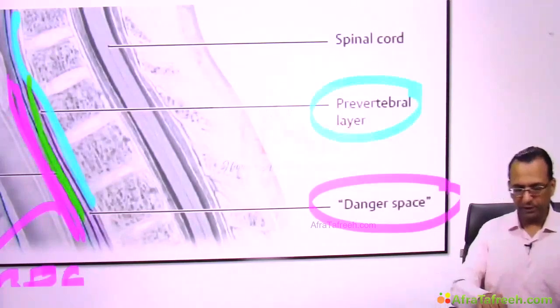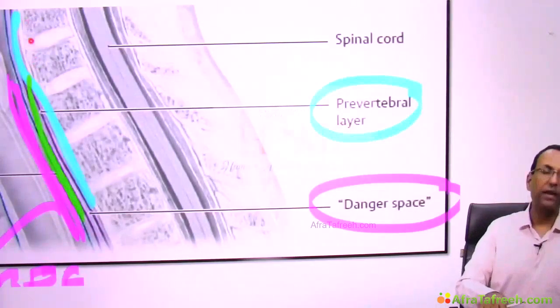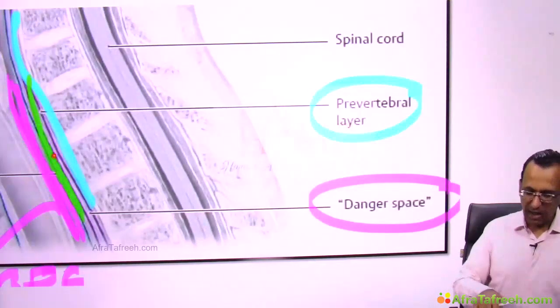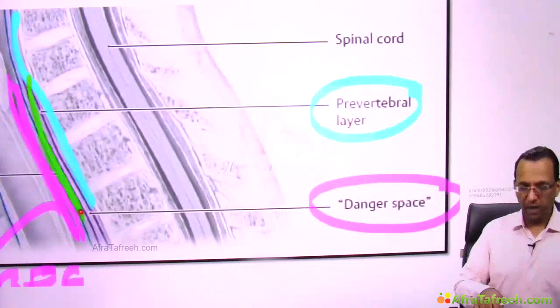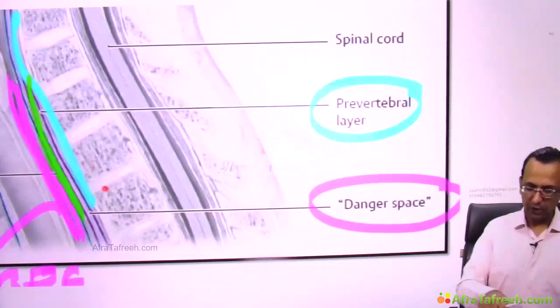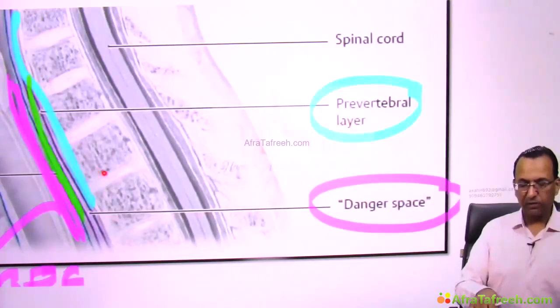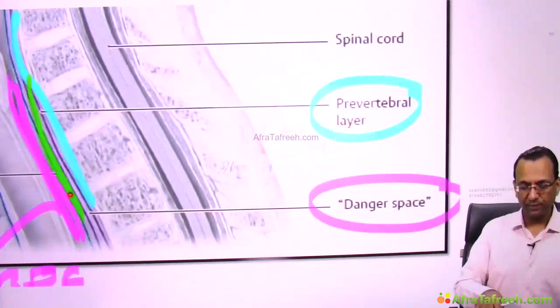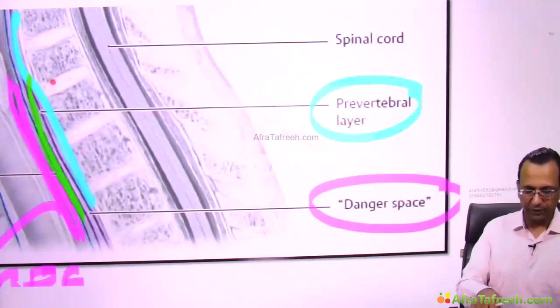So you're telling that prevertebral fascia itself will divide into 2? Yes, there is one anterior component which is called alar fascia, and a posterior component which is called prevertebral fascia proper.